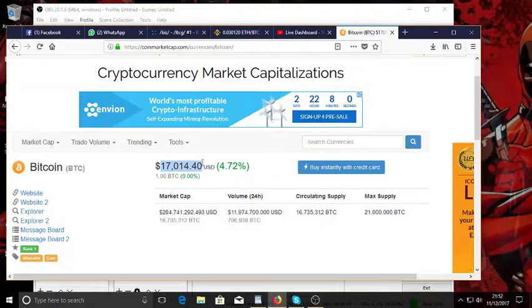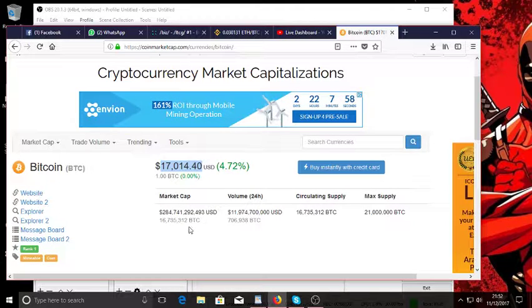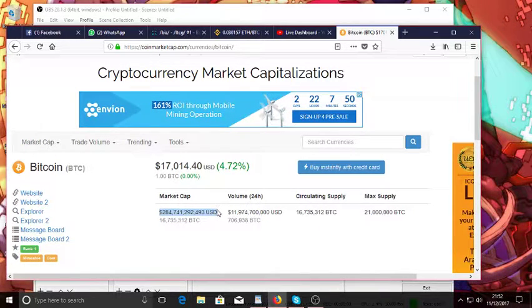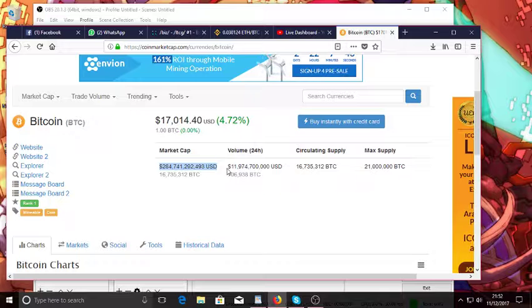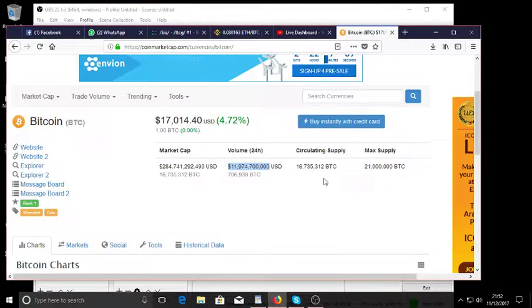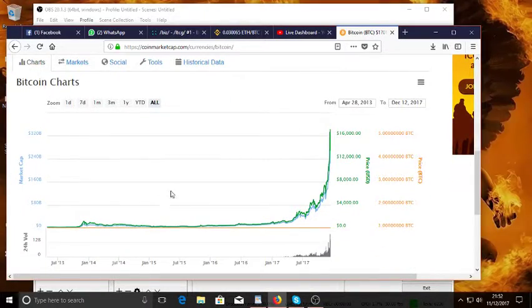So if I multiply 17,014.40 by 16,735,312, I'm going to get this number. And this represents the total value of the Bitcoin market right now. Your 24-hour volume represents the total value of Bitcoin traded in the last 24 hours. And your circulating supply of Bitcoin and your maximum supply of Bitcoin explain themselves.